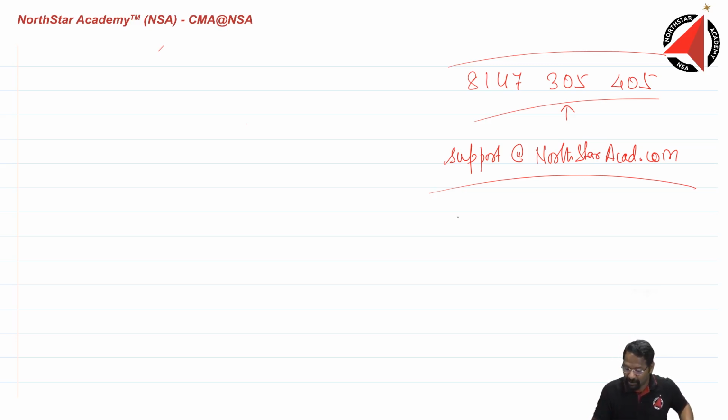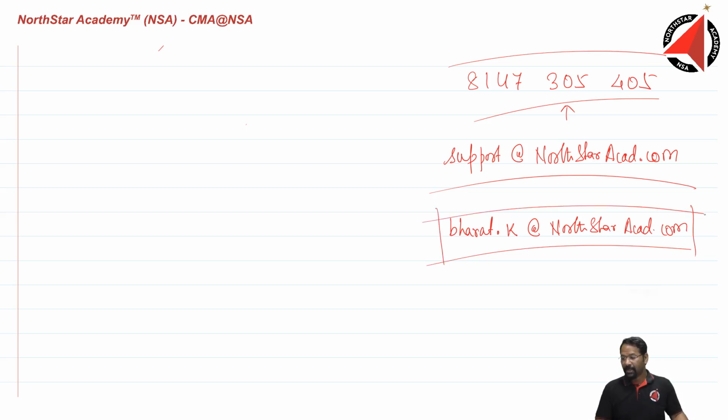But in case they miss out to reply, you can always raise it to bharat.k@northstaracad. Whenever the support team does not reply, you can always escalate it to a senior manager. I mailed them on 5th April.